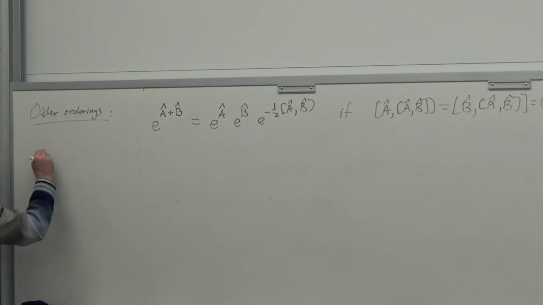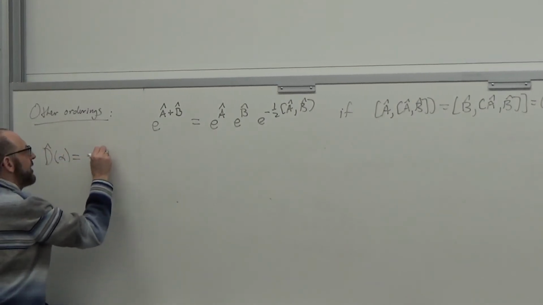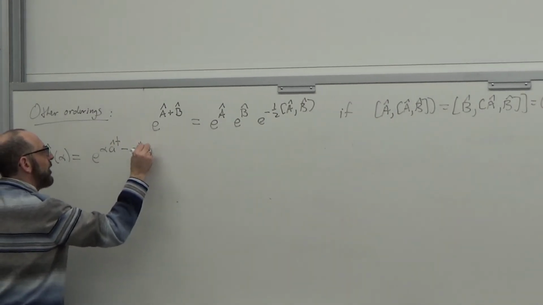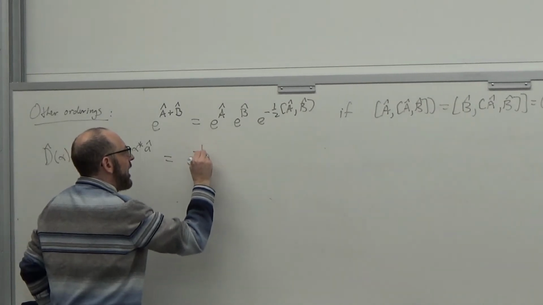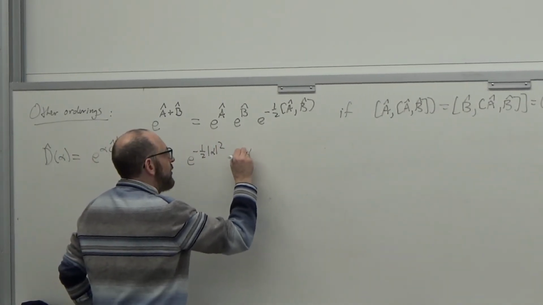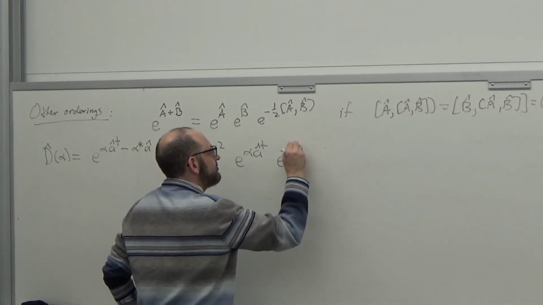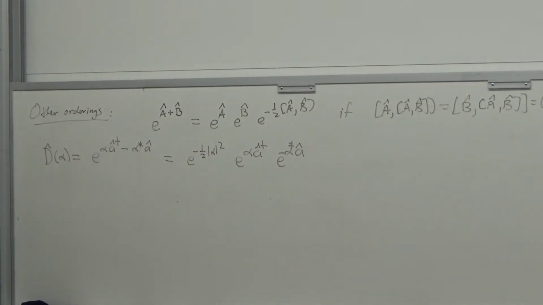That means I can write the displacement operator, which is e to the alpha a dagger minus alpha star a, as e to the minus 1/2 alpha squared, e to the alpha a dagger, e to the minus alpha star a.